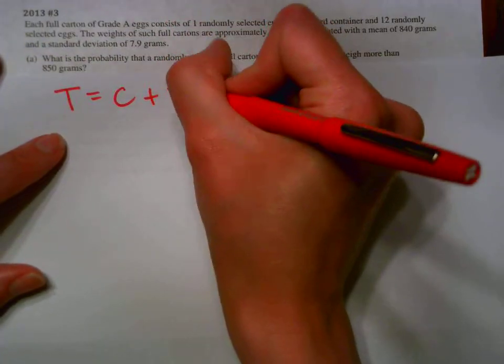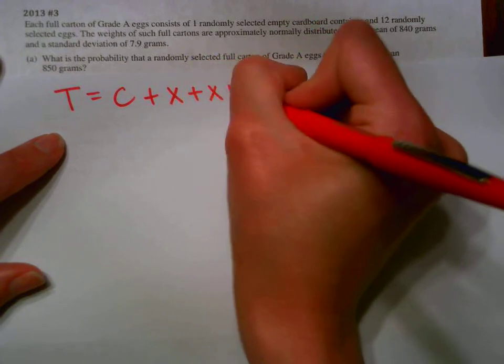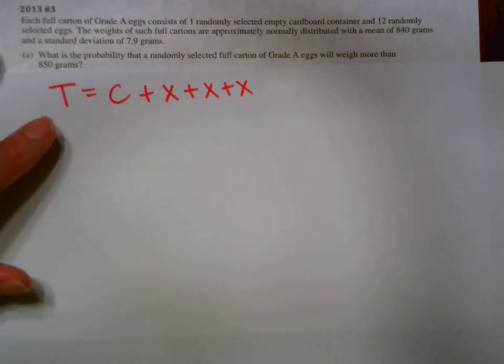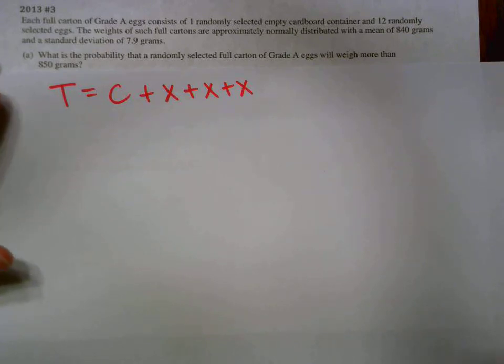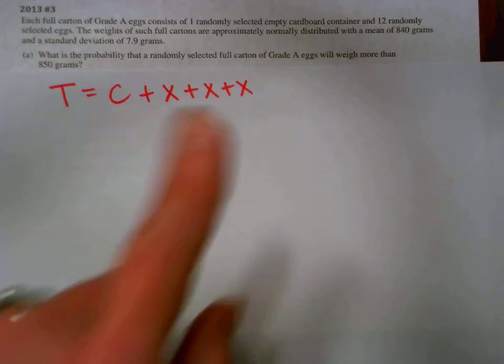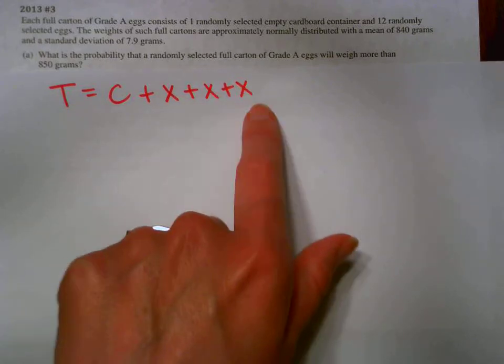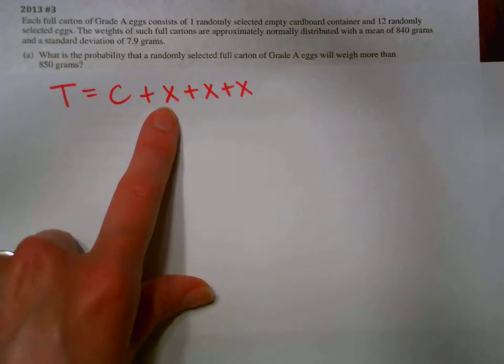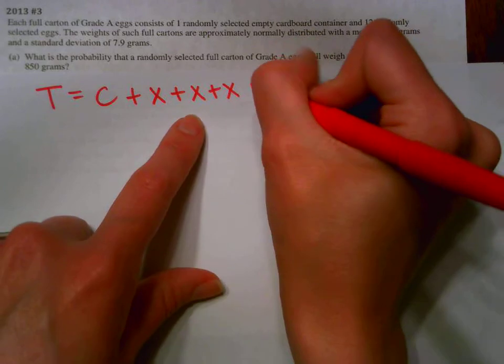So it's 12 of those, and you add them. I would be very careful about writing 12 times X first, because you're not multiplying by a constant of 12. It's not 12 times one weight. It's 12 different eggs that all are going to weigh different things. So you can't technically just say 12 times X.